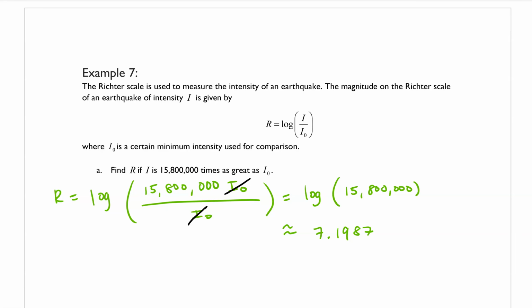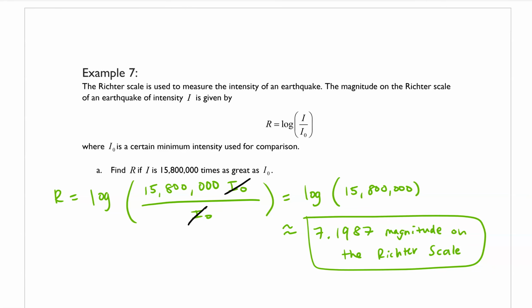And so an earthquake of magnitude 7.19 is a pretty destructive earthquake. So that's not to be taken lightly. Okay, so that was part A.